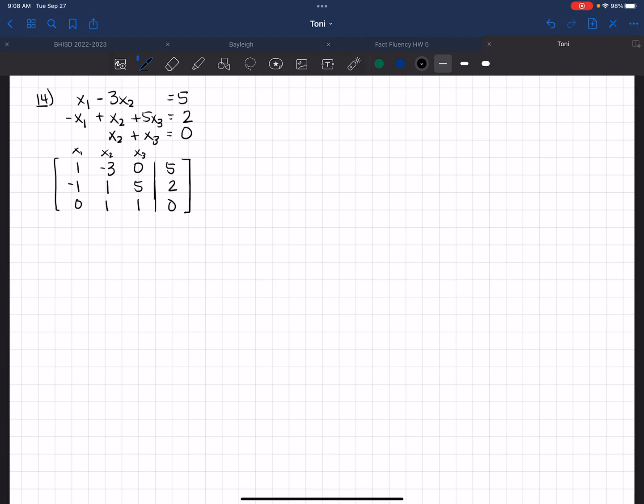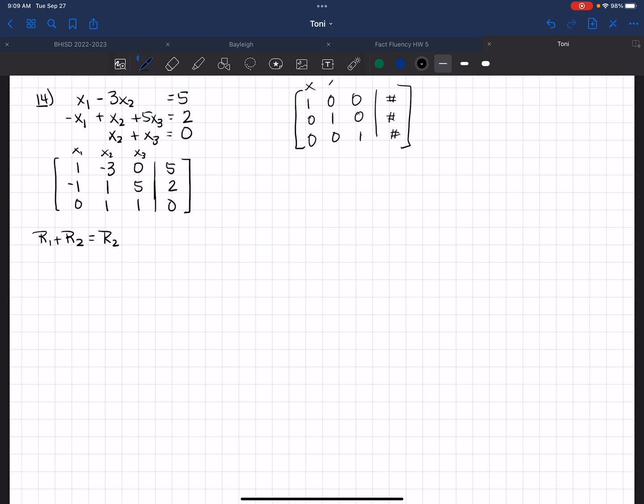So the first thing I'm going to do is take row 1 and add row 2, and I'm going to make that row 2, because my goal is to get something of the form 1, 0, 0, 0, 1, 0, 0, 0, 1, and that equals, of course, a set of answers over here, some number, some number, some number, okay?